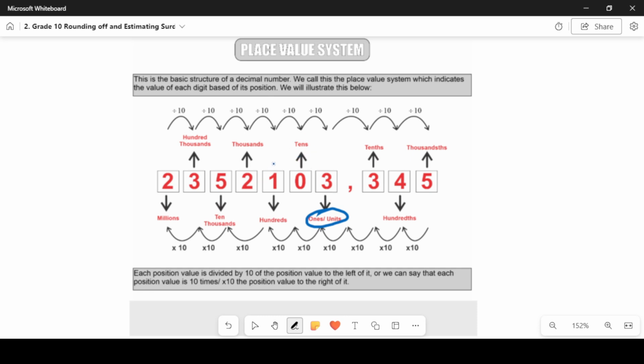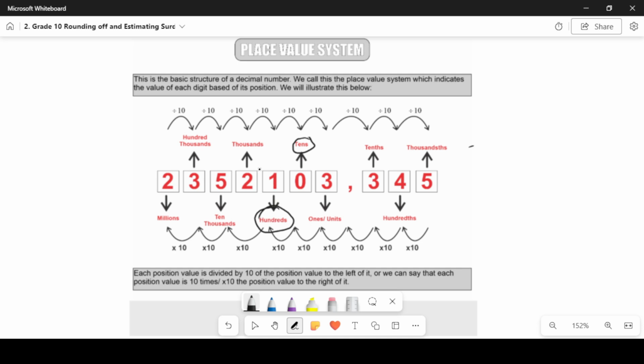If I'm in the hundreds, if I divide by 10, I get to the tens, right? Alternatively, what I could say is that each position value is found by multiplying the position value to the right of it by 10. So if I multiply the tens by 10, I get the hundreds, right?